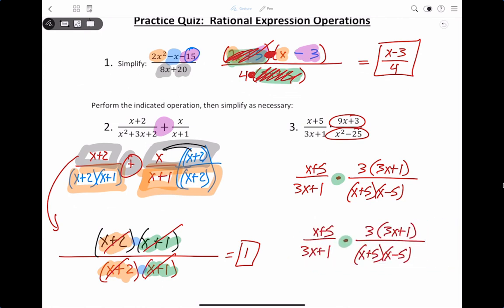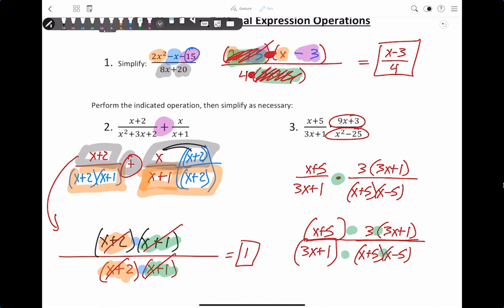One huge monomial. Okay, so let me go ahead and come over here. And I'm just going to write it as one huge fraction where multiplication exists right here. Between the x plus 5 and 3, between the 3 and 3x plus 1, and between these three binomials on the bottom, okay? So now that multiplication exists, now I can cancel forms of 1.